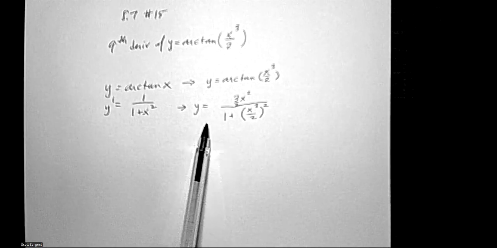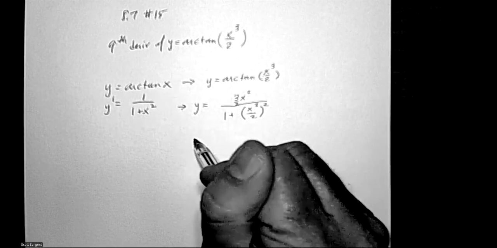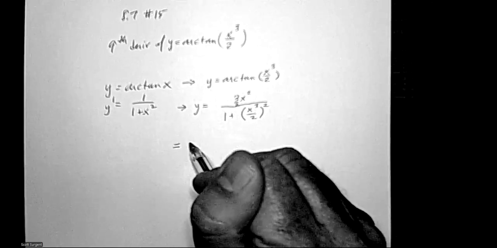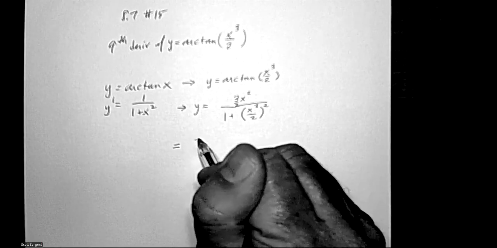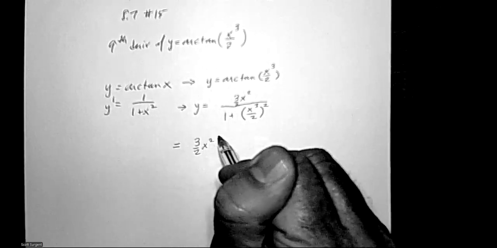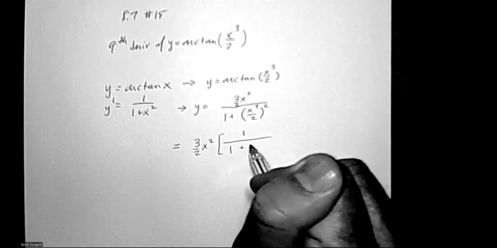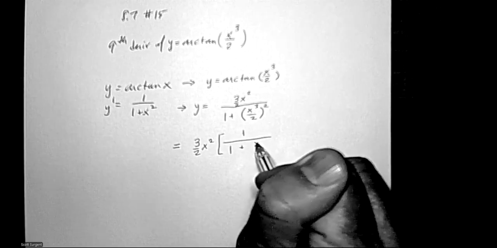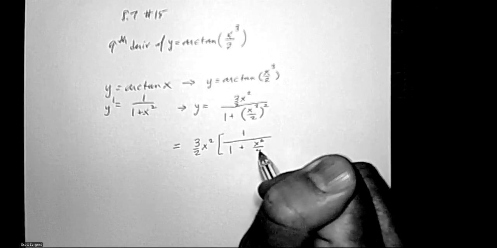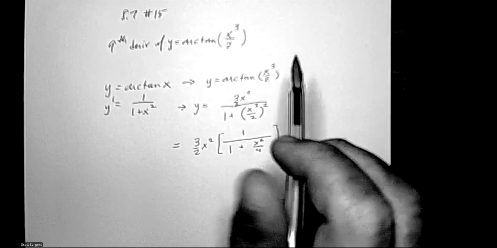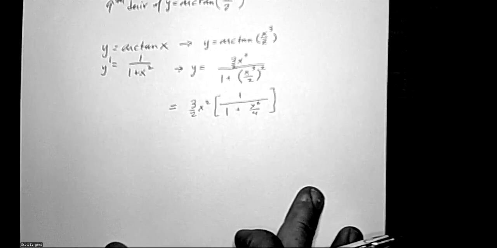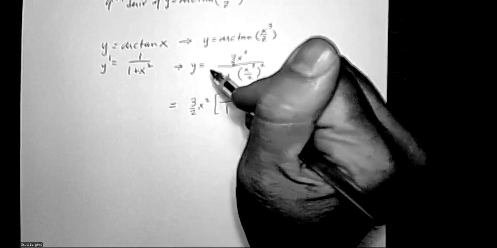All right. This looks messy, but it's actually not that bad. What I want to do is clean it up. I'm going to pull the 3/2 x squared out in front. You'll see why. I'm going to write this as x to the 6th over 4. That's the derivative.